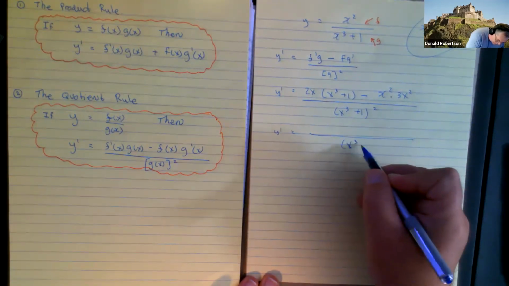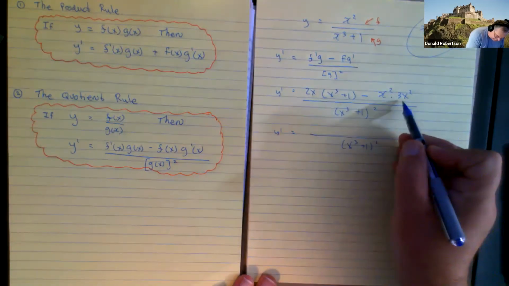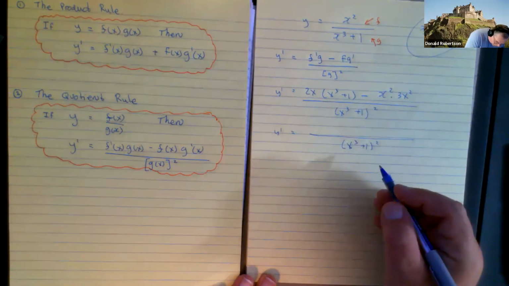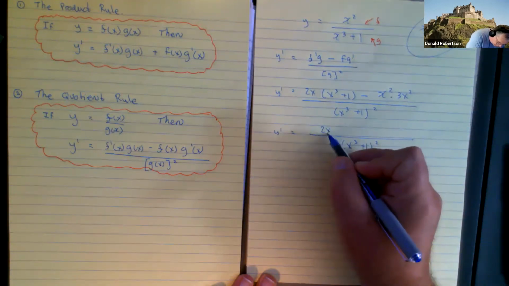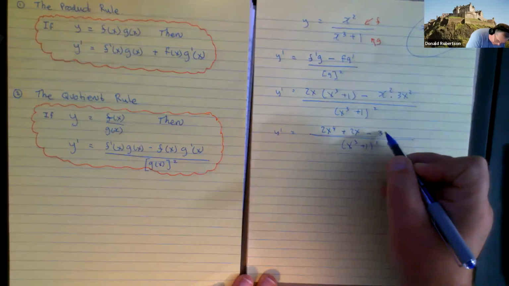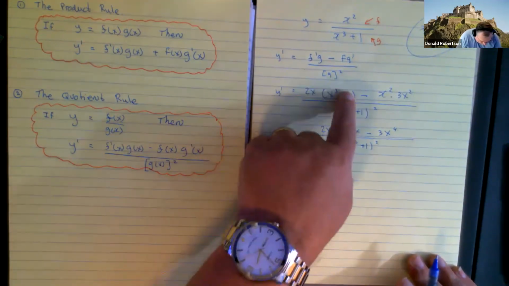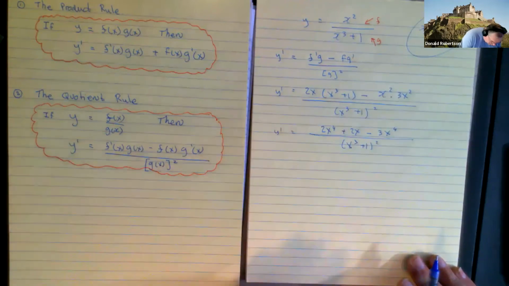What we're going to do now is try and make it look pretty, or prettier. I think it's probably easier just to distribute this first and then worry about common factors. So I have 2x to the 4 plus 2x, take away 3x to the 4. Double check that. 2x to the 4, 2x, take away 3x to the 4.